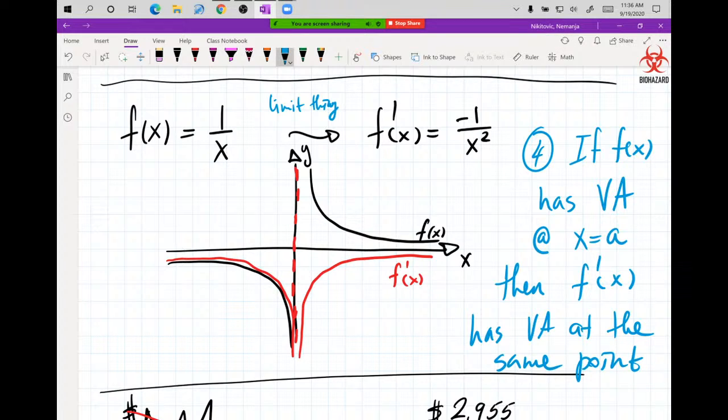In some sense, the location of the vertical asymptote is preserved. You cannot have a vertical asymptote in the function at 2 and then in the derivative at 5. No. If the function has the vertical asymptote at 2, your derivative will have the vertical asymptote at 2. And that's what the blue rule number 4 is for. And then the derivative doesn't exist at that line, which was the story we had below as well.